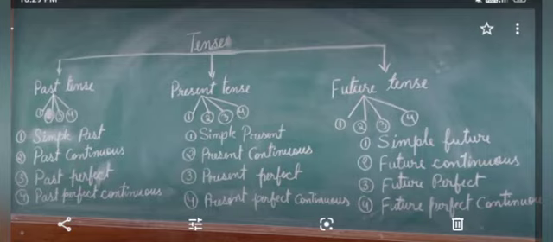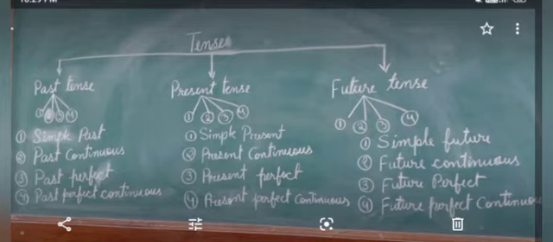Now, the future tense is also the same. First is the simple future, then comes future continuous, future perfect, and future perfect continuous. You can see this clearly on the board. So, this is the way you divide the 3 into 4 divisions.